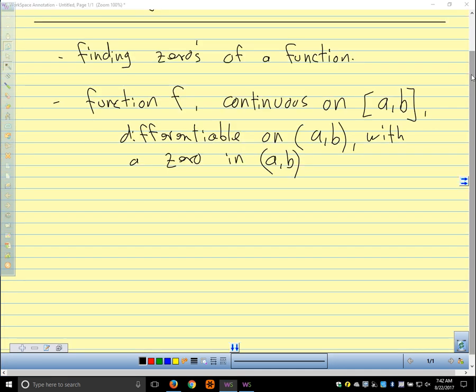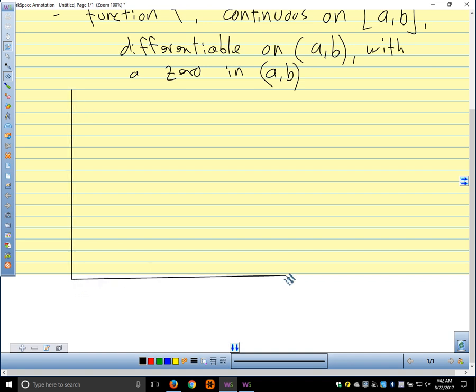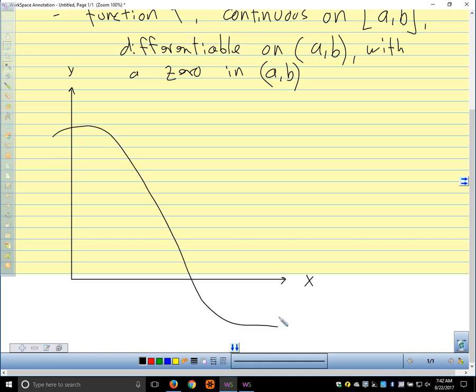All right. So let me draw a picture that illustrates what we're doing with Newton's method. Visually, it's pretty easy to understand. So there's my y and my x, and I have some function that's doing something like this. And we're in this interval from a to b. So we know that there's a zero somewhere, and I'm going to call the zero c.